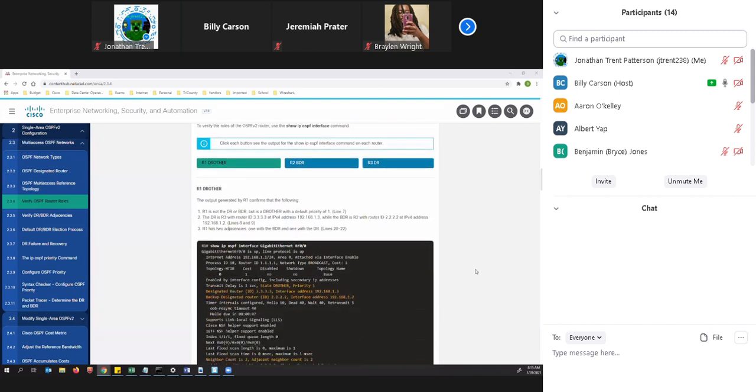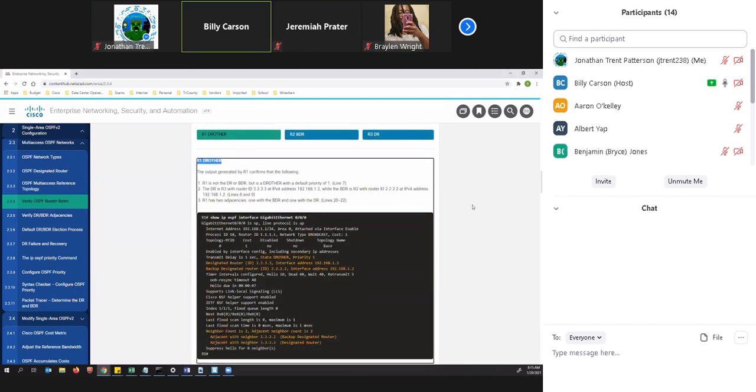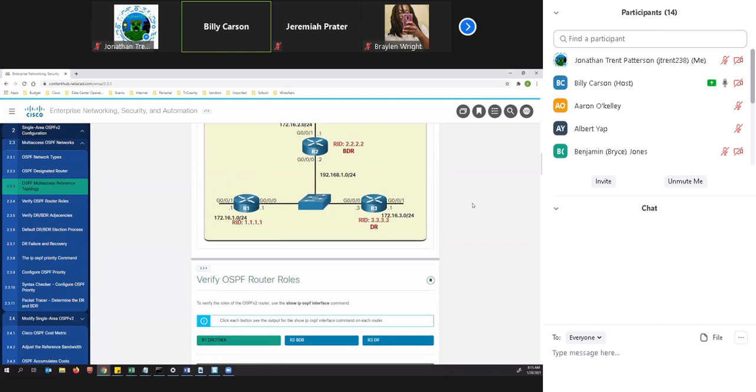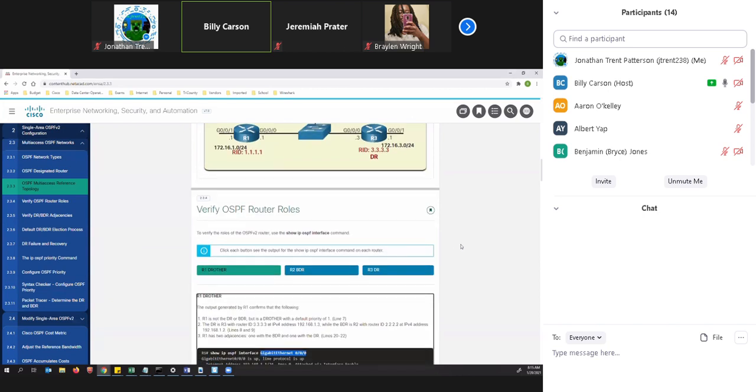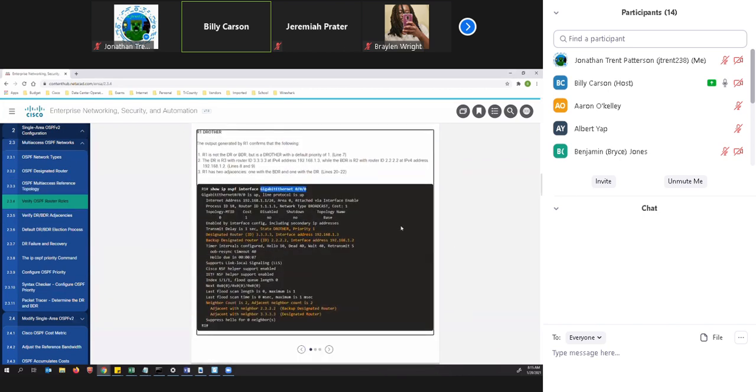So let's look at this. So R1 is, and we can see what it is. So look on R1 here. They did a show ip ospf interface gig 0/0/0. So what I'm doing is I'm looking at this interface right here. There's my interface right there, because that's what's tying us over there. So look what it's telling us here. What they have highlighted, state.